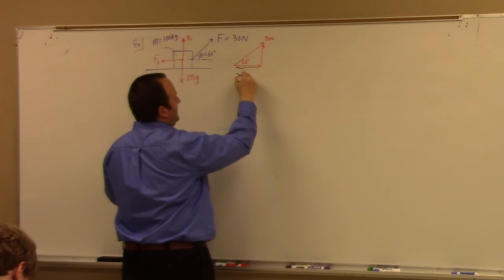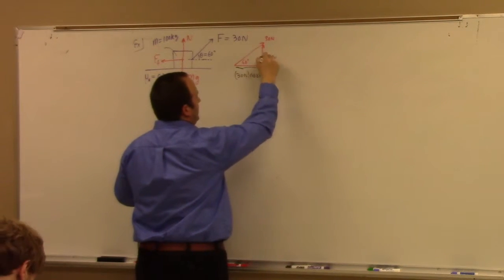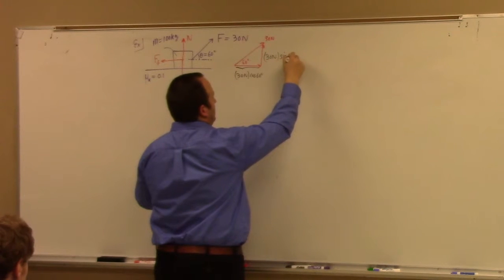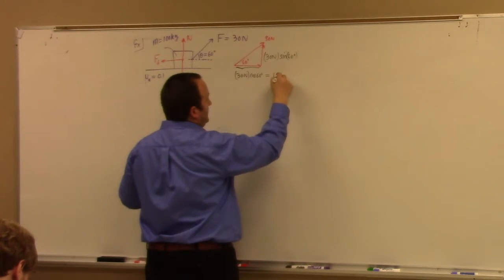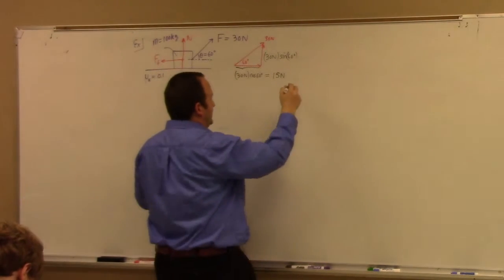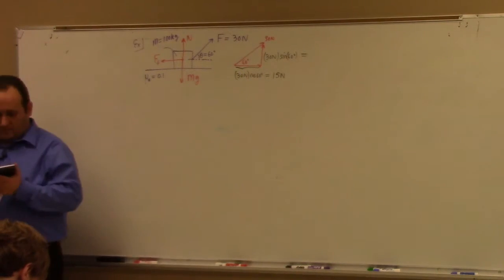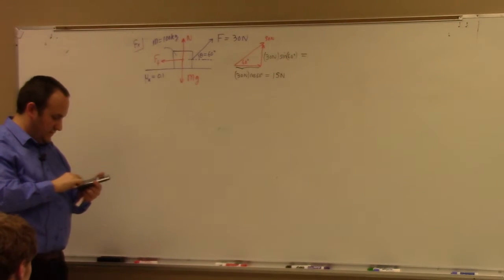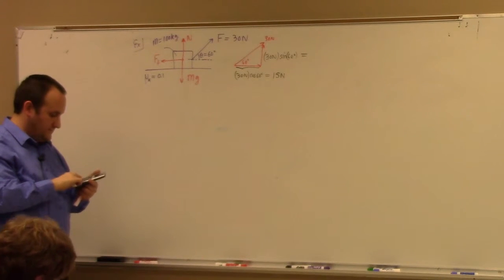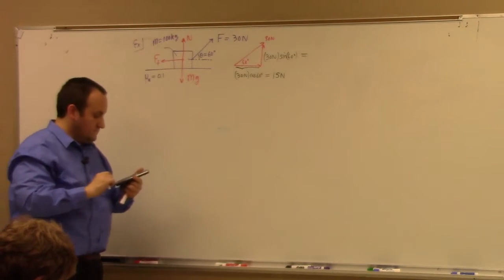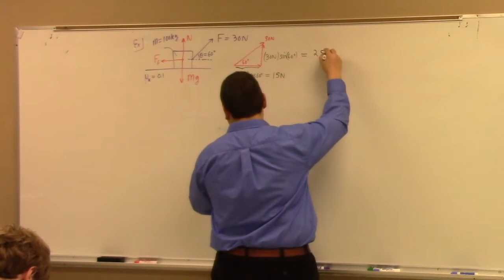Yeah, 30 newtons times the cosine of 60 for the horizontal piece, and 30 newtons times the sine of 60 for the vertical piece. So the horizontal piece is 15 newtons, and the other one is 0.866 times 30, something like that. No, sine, sorry. 15 root 3. Yeah, thanks. 25.98, right?